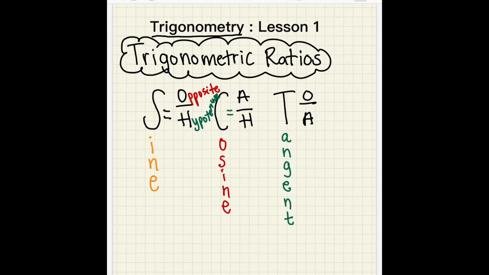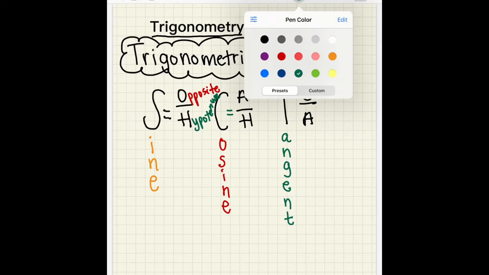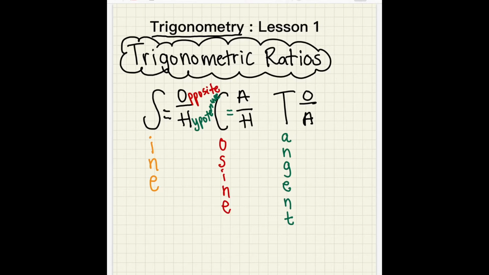Now, the cosine always equals A over H. And again, if you saw the first video, it makes sense that the A stands for adjacent. And yeah, the H, we already know, stands for hypotenuse, right?